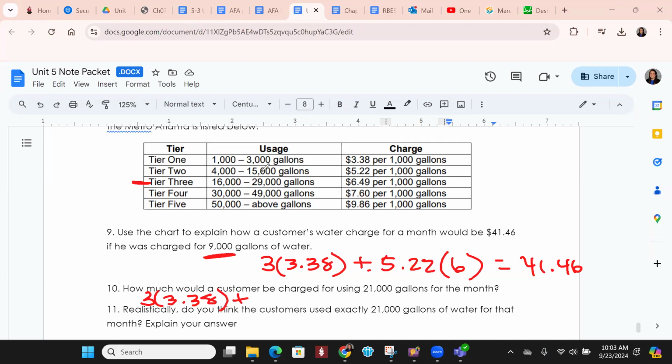The 4,000 to 15,000. What's 15 minus 4? Okay, so plus 11 times 5.22. And we want 21,000 gallons. So 21 minus 16 gives me what?